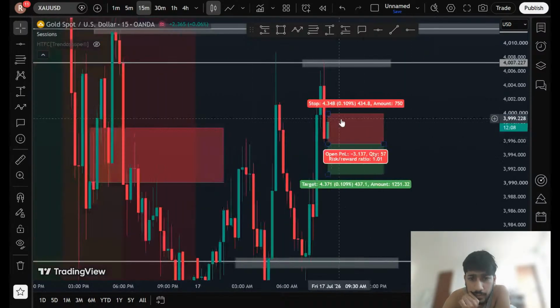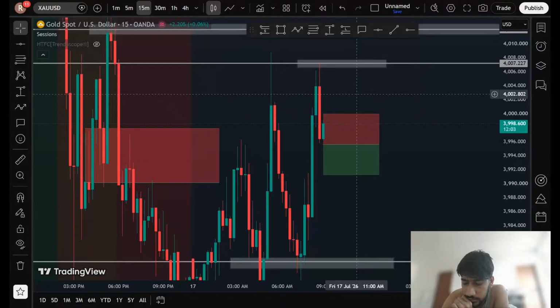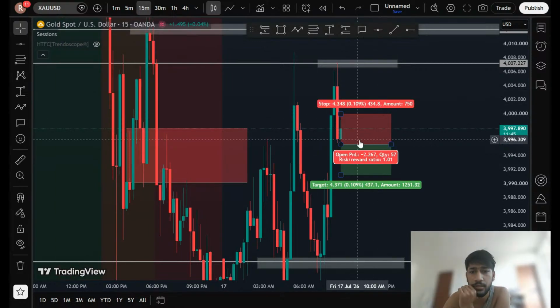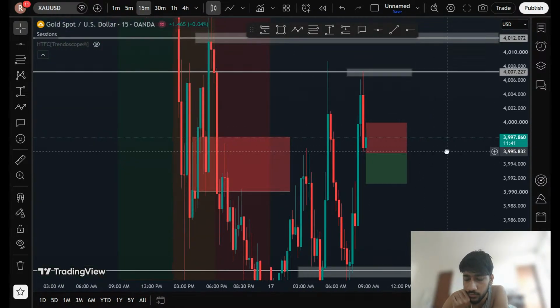I'm giving this little range for price to move up actually. Come on, buddy. Now, if it breaks the low, we have very high probability we are moving down.